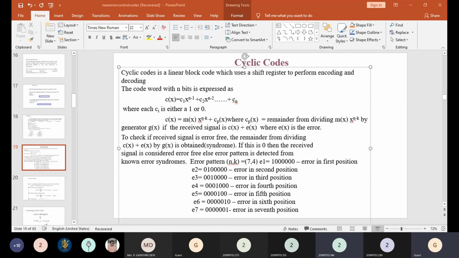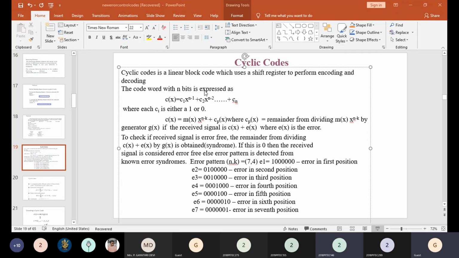The important thing is that the cyclic code words operate by using cyclic shifts.